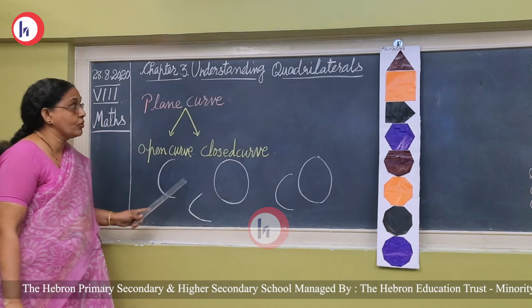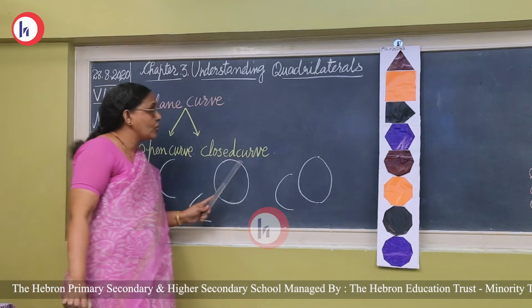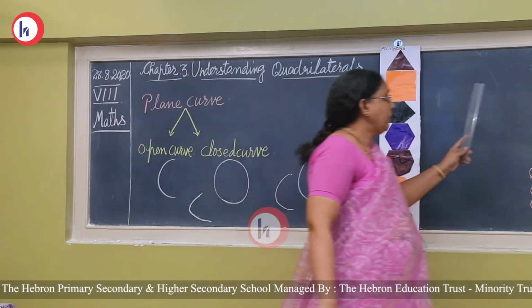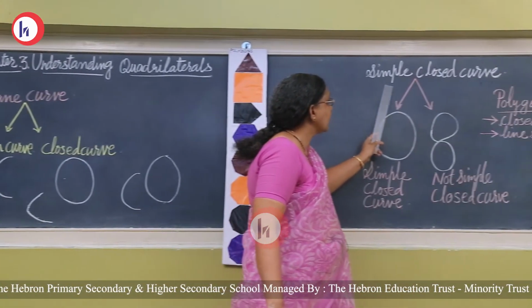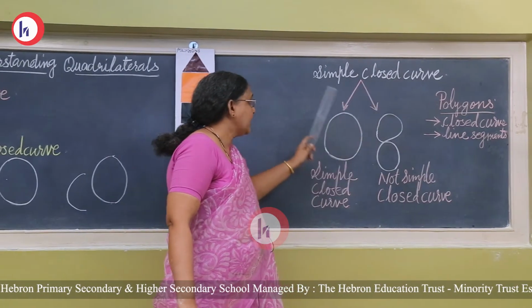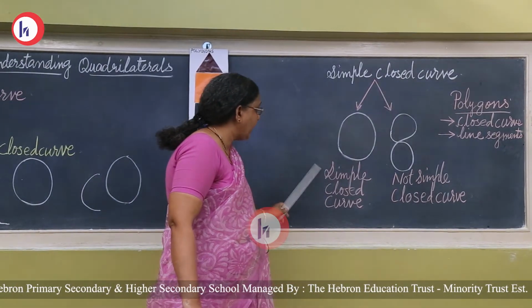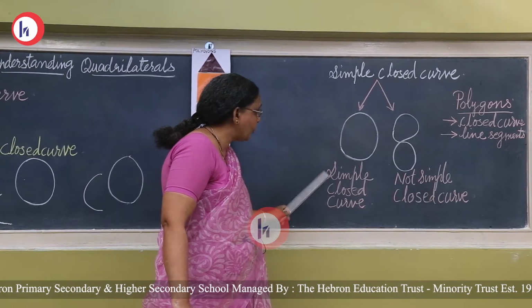Now, closed curves are of many types. One is known as a simple closed curve. You can see this one is a simple closed curve because it connects the points without any turns in between. Curves are there, but there are no turns. Such a curve is known as a simple closed curve.